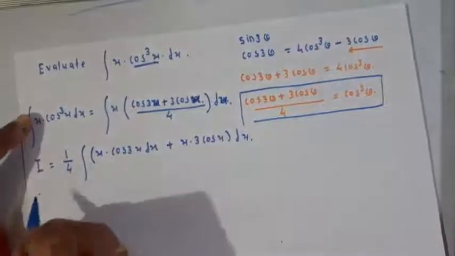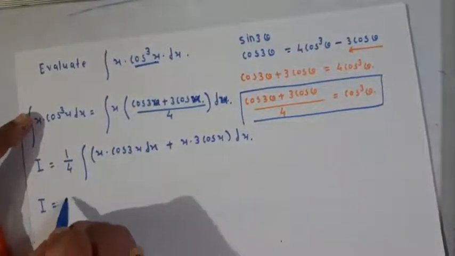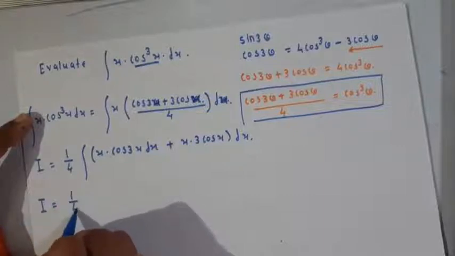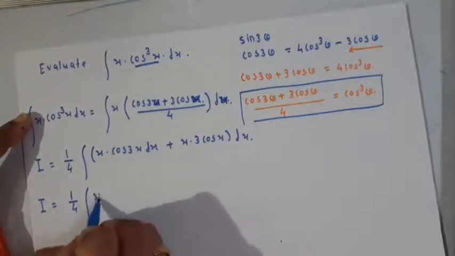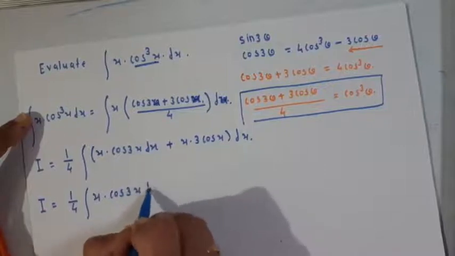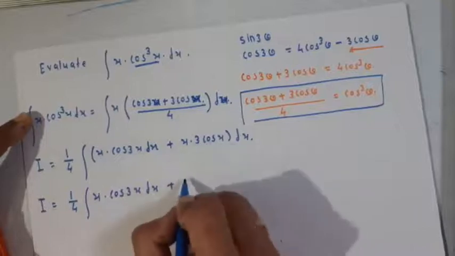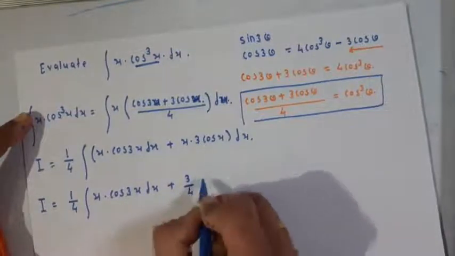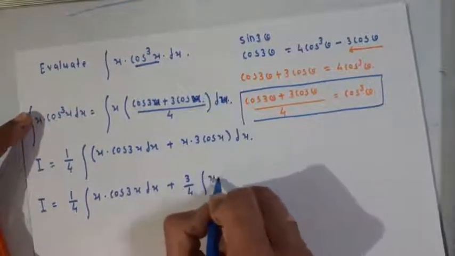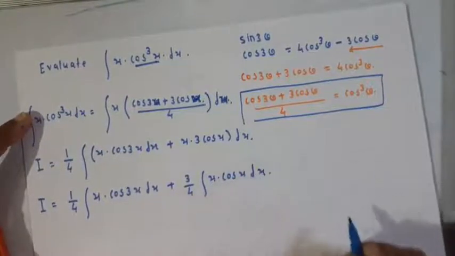Therefore I equals 1 by 4 integration of x into cos of 3x with respect to x, plus 3 by 4 integration of x into cos of x with respect to x.